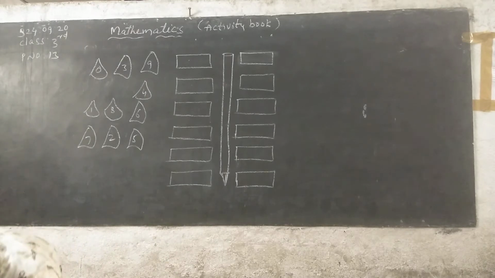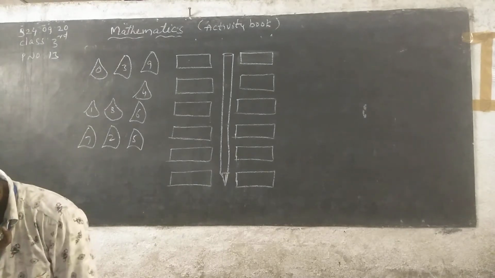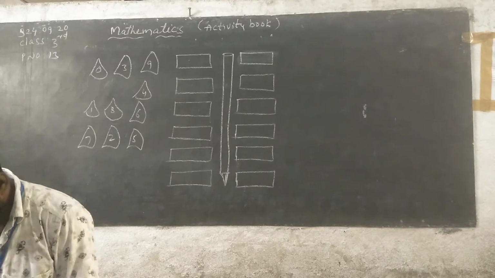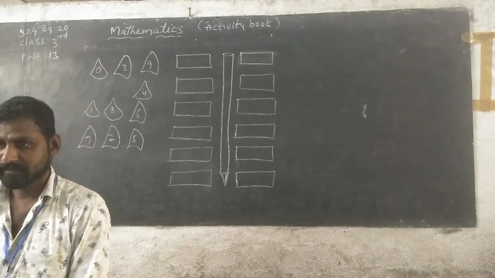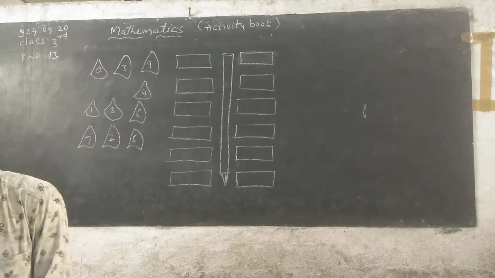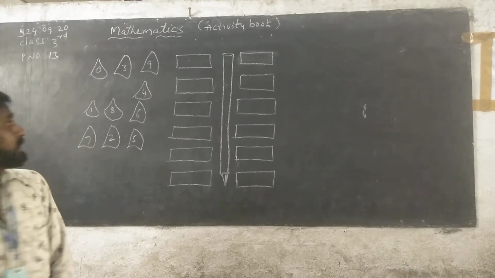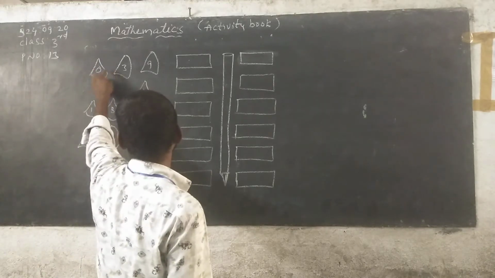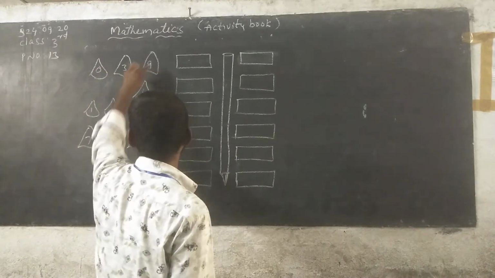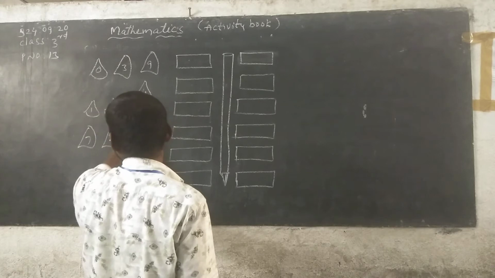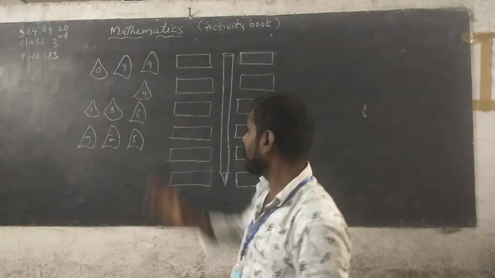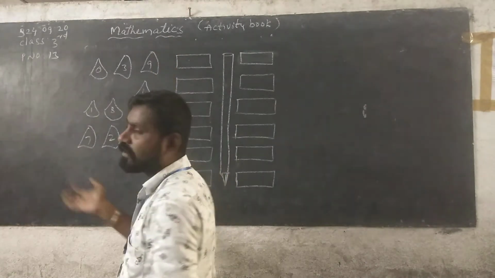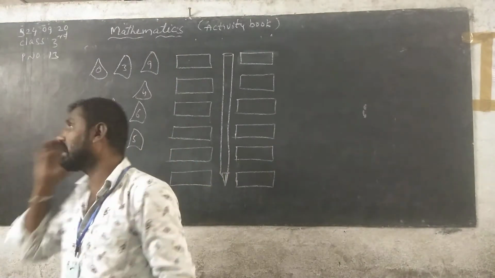So here choose any 4 numbers from the given set, meaning a 4-digit number. Using the digits 3, 0, 9, 4, 1, 8, 6, 7, 2, 5, you have to take 4 numbers and write them down.